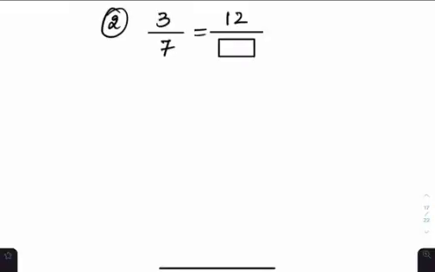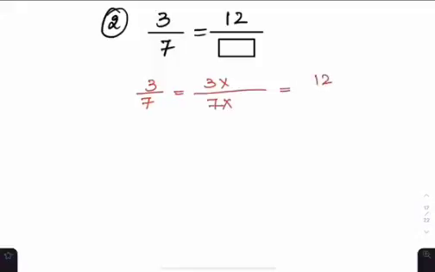Now we'll work out another example so that you have a better understanding. Here, if you observe, the denominator is left blank. Similarly, 3 by 7, I need to multiply both the numerator and the denominator with the same number. So if I have to get 12, what is the number that I need to multiply the numerator with? 4. 3 fours are 12. Correct?